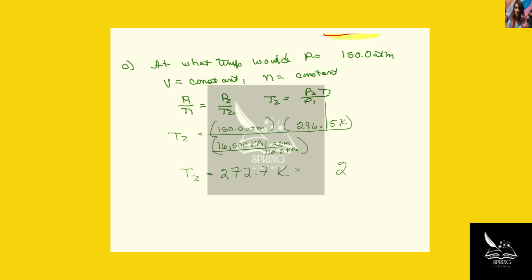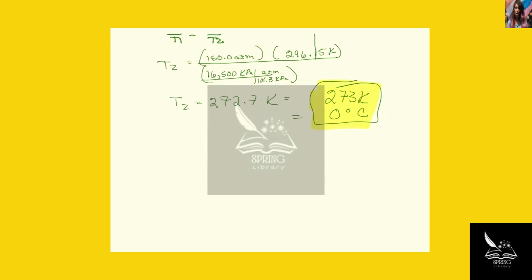That'll be 273 K equals 0 degrees Celsius. So either one of those numbers. There, that was C. One more, D.